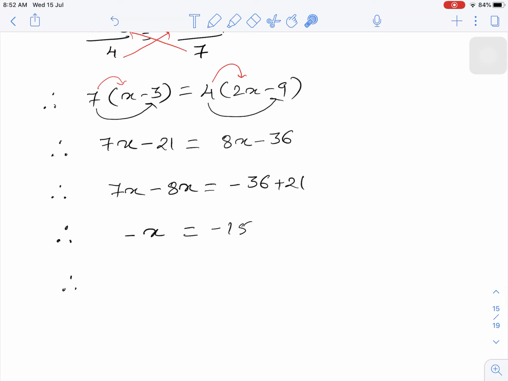Therefore now we want this x as positive, so throughout the equation we will multiply with minus, or if you are changing left hand side sign, RHS sign also changes. Okay, so in next step you will get x equals 15. So this is our final answer, that is the solution of the equation.